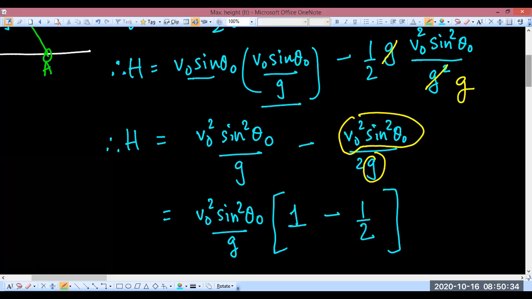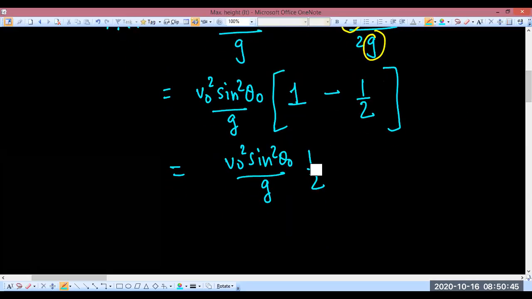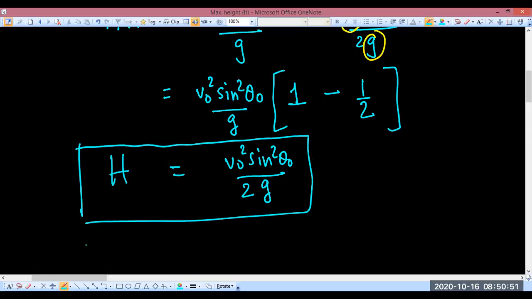So 1 minus 1 by 2 is 1 by 2. So this is your final answer. It should not be written like this, this 2 is written in front. That's it. So this is what you get. Clear? So v0 square sine square theta 0 by 2g.